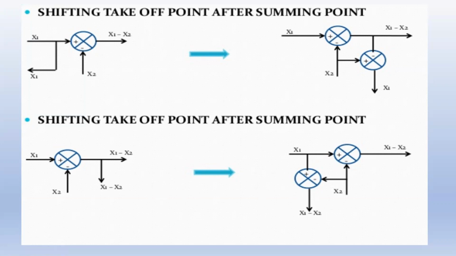The basic thing here is not to change the output if we are manipulating something, and not to change the output of the takeoff point. After manipulating also, we need to make sure that the signal will be the same before and after. If we have done that, then we are on a good way to solving the problems.